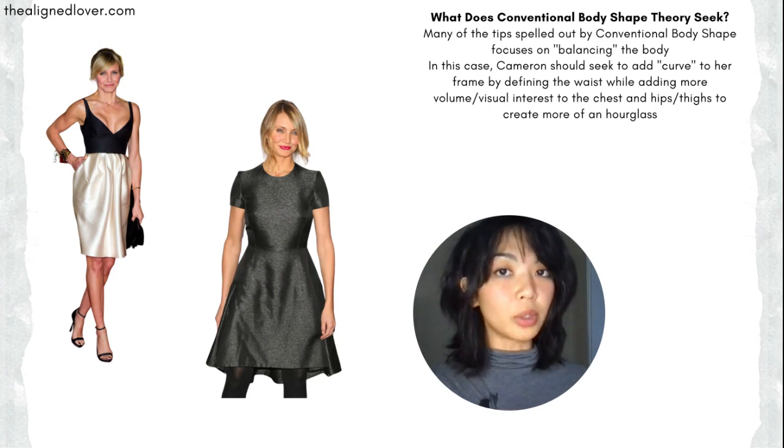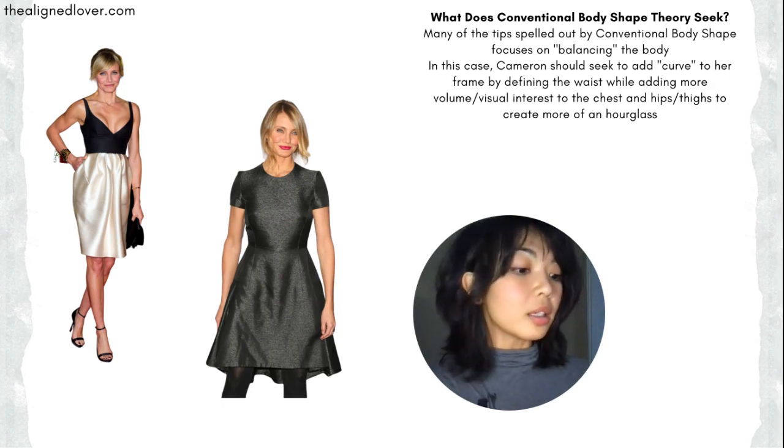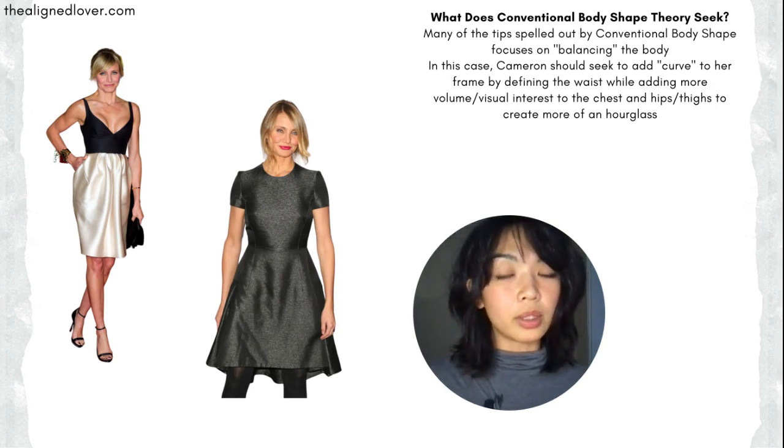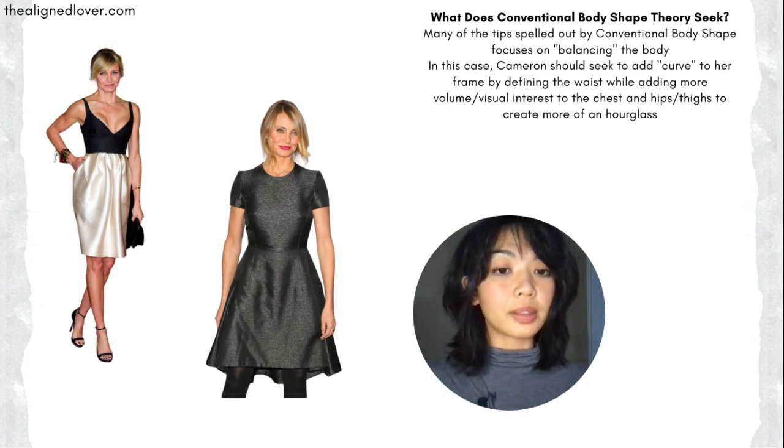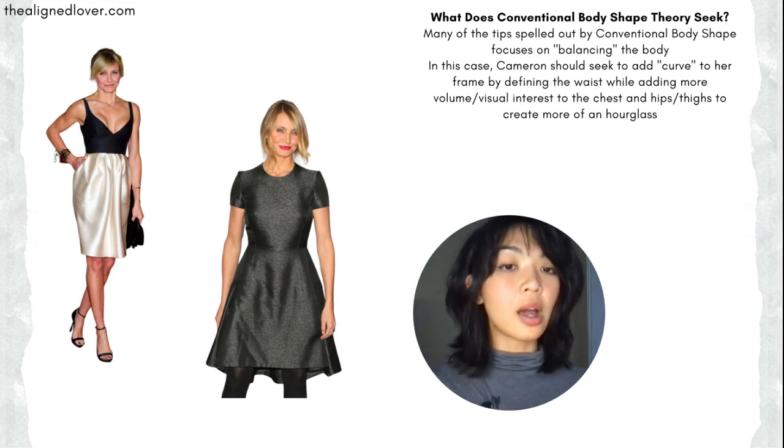There are some nuances to this, and I will talk about that later, but the reason that conventional body shape theory often frustrates people is because it does not celebrate one's actual body. It seeks to impose an illusion onto that body.